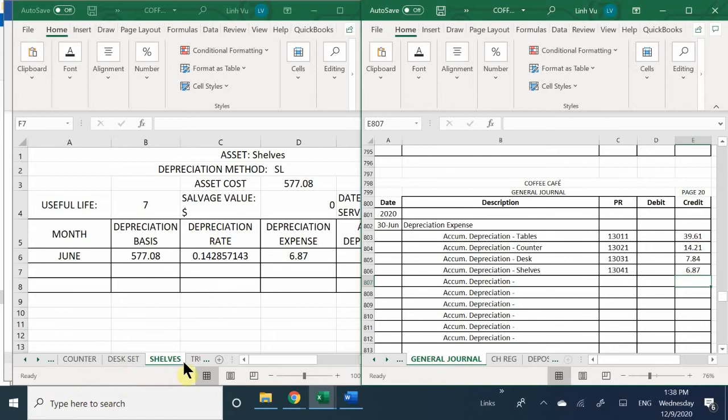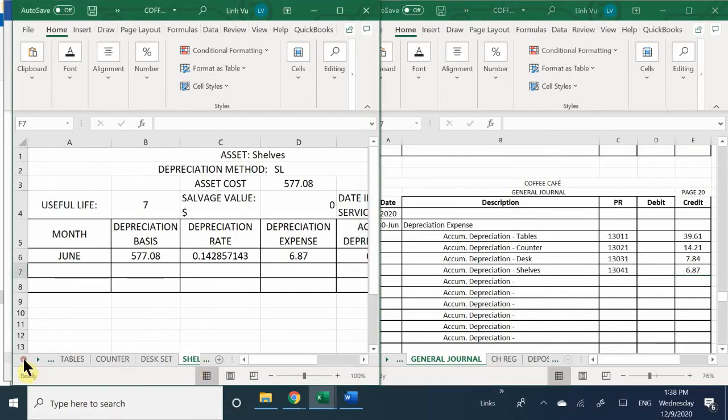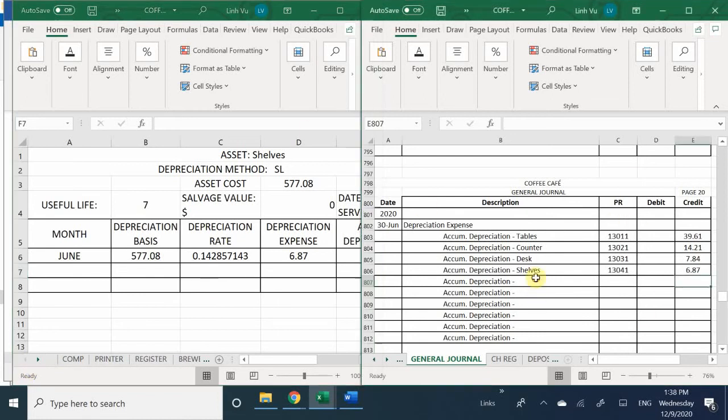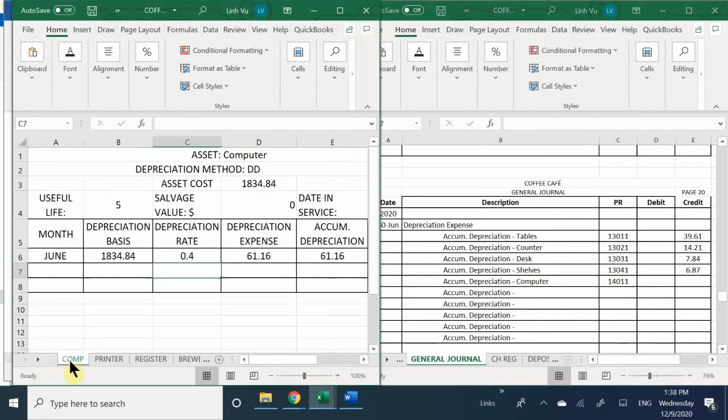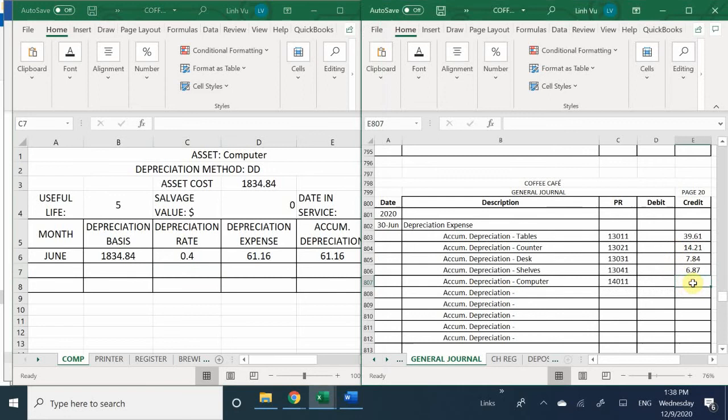Okay, so what is next? The computer. And that number is 14011. Computer. Okay, 14011. All right, let's go to our computer and see how much depreciation expense is going to be. $61.16. 6116.